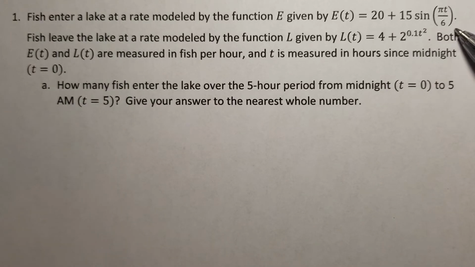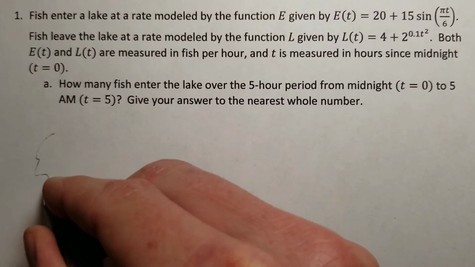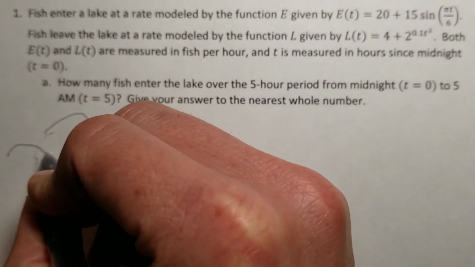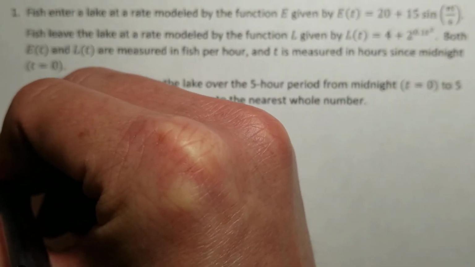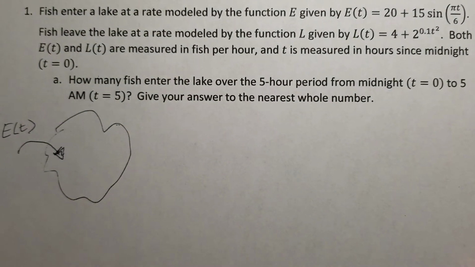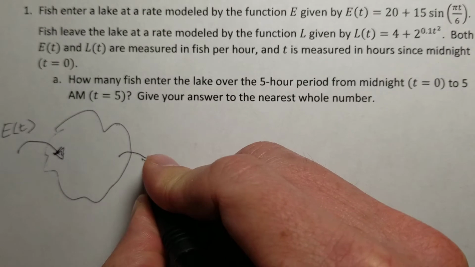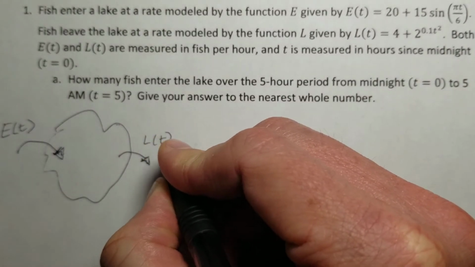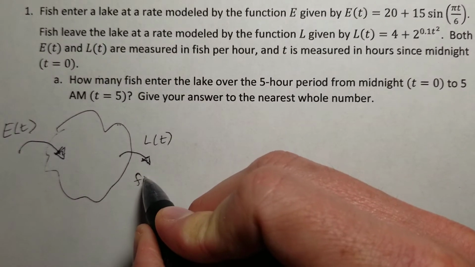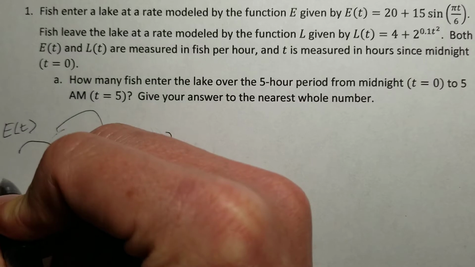So we have a rate in, E, and a rate out, L. So I'm going to draw a lake, and we're going to have fish enter the lake as E of t, and fish leave the lake as L of t. And both are measured in fish per hour.